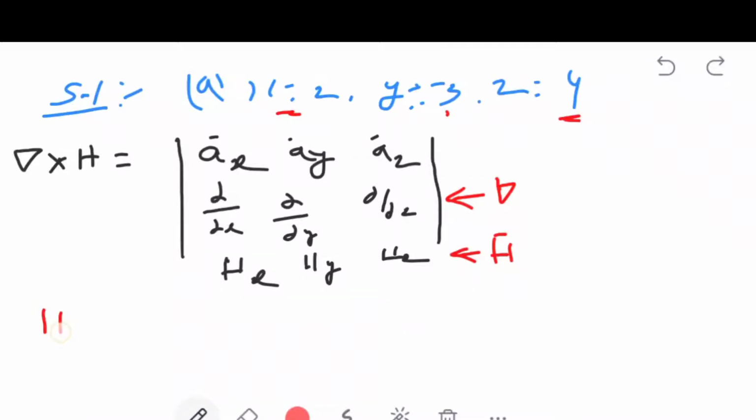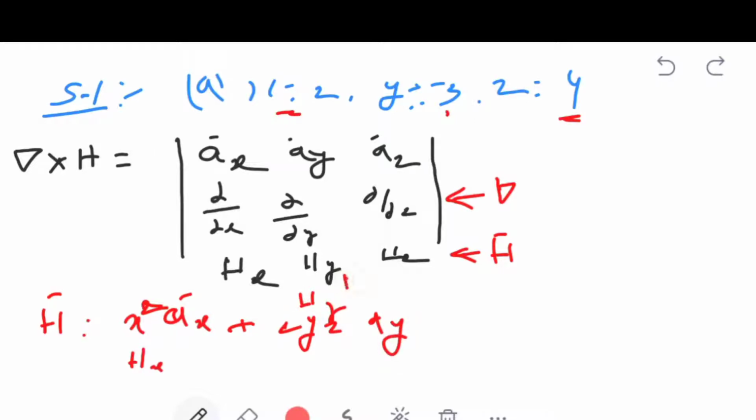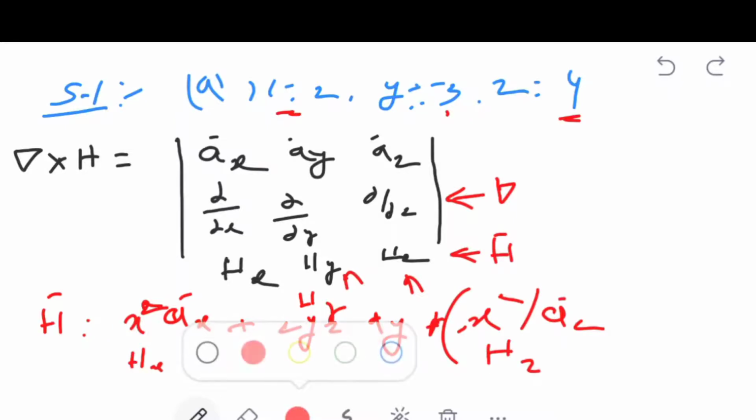According to the equation we wrote, H bar equals x square ax, where x square is hx, plus 2yz ay, which is hy, and minus x square az, which is hz. We have to substitute all of this.